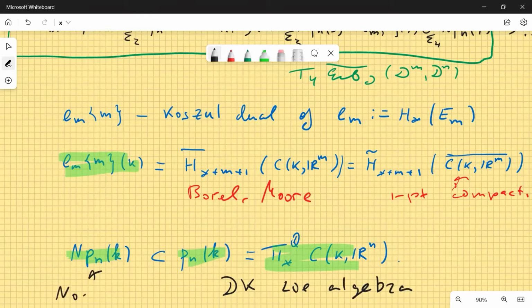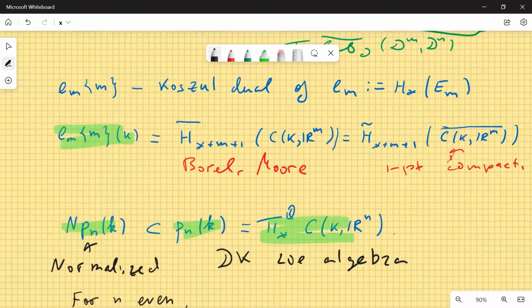The normalized part is the part which is the kernel of all projections. So when we forget one of the points, we get natural projections, and so we want to take the part which is in the kernel of all these projection maps.